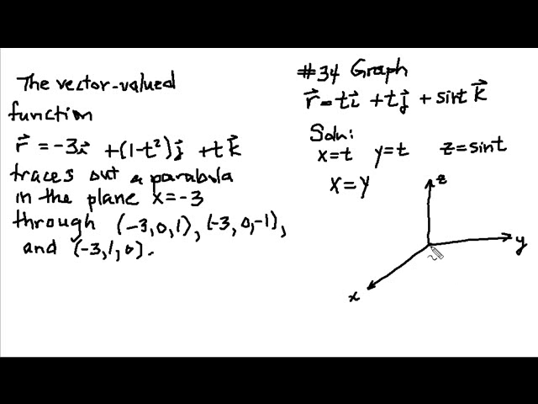So this would be the line where x is equal to y. But this is 3 space. And so not only does this line satisfy the equation x equals y, in fact, these would be all of the points x, x, 0, or t, t, 0, depending on how you want to think about it.